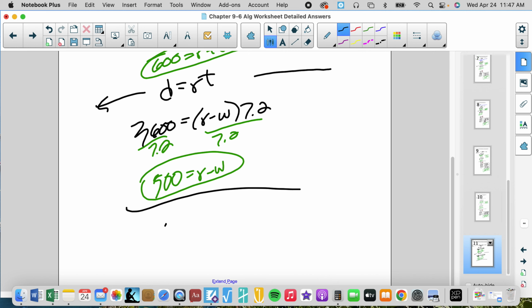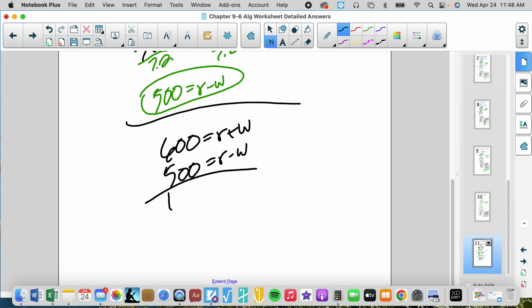Let's write those two equations next to each other. R plus W, 600. R minus W, 500. 1100 equals 2R. The W's cancel. Divide by 2 gives you 550 equals the rate of speed.